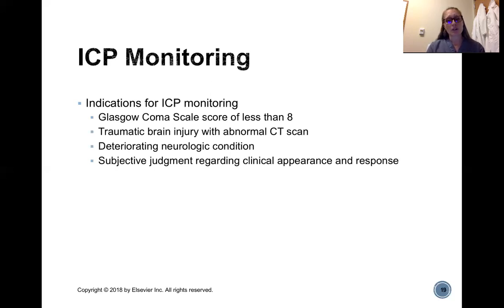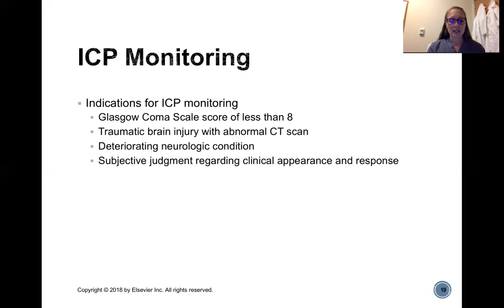We're going to monitor, again, just like the neurological assessment, every 15 minutes to every 2 hours.